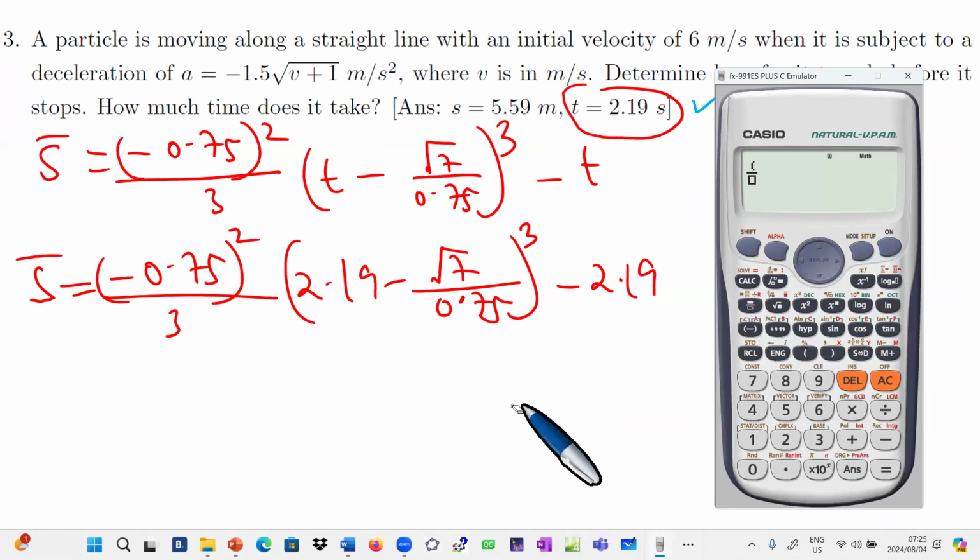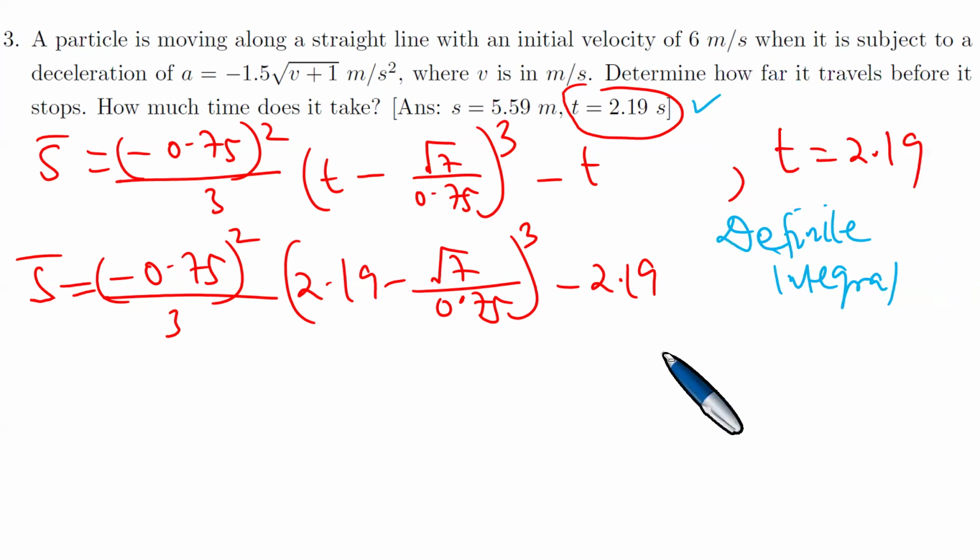So you put 0.75, you close, you square, you divide by 3, you put 2.19, you minus the square root of 7, you put 0.75, you square, you minus 2.19.